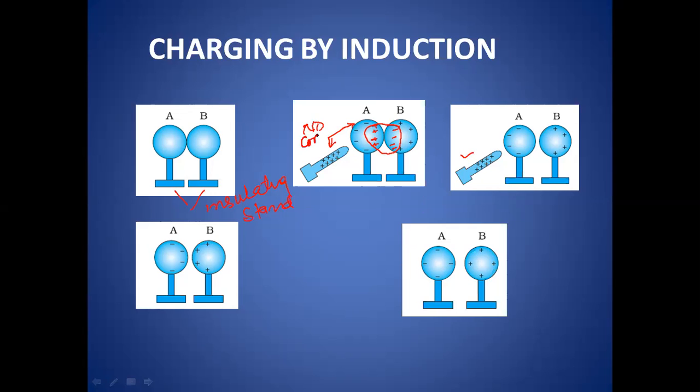There is no contact between these two elements, although charge is induced here. So this is called charge through induction, meaning there is no touch between these two elements and charge is induced.